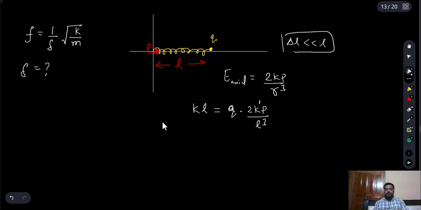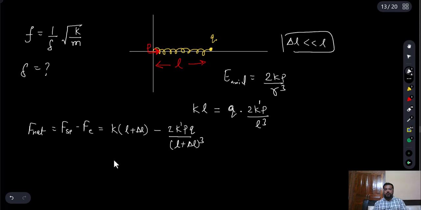Now what you are going to do is displace it by delta L distance. In that case, your net force will be the spring force minus the dipole force. Your spring force will be K times L plus delta L, and your electrostatic force will be 2K dash P times Q over L plus delta L whole cube.